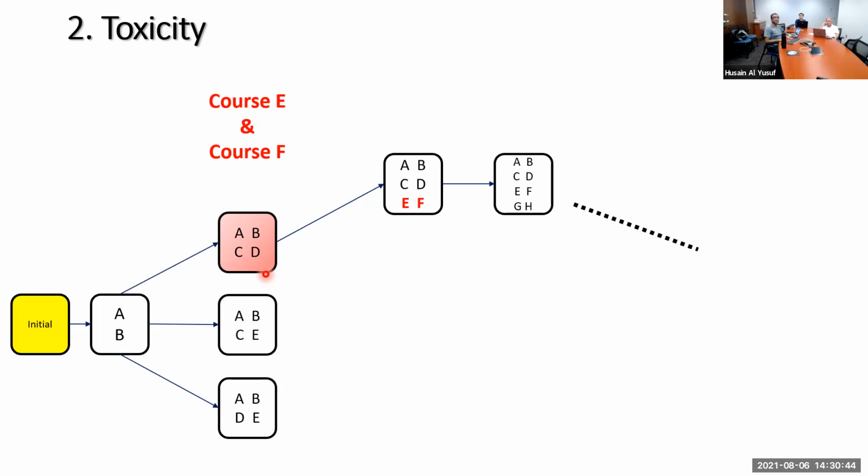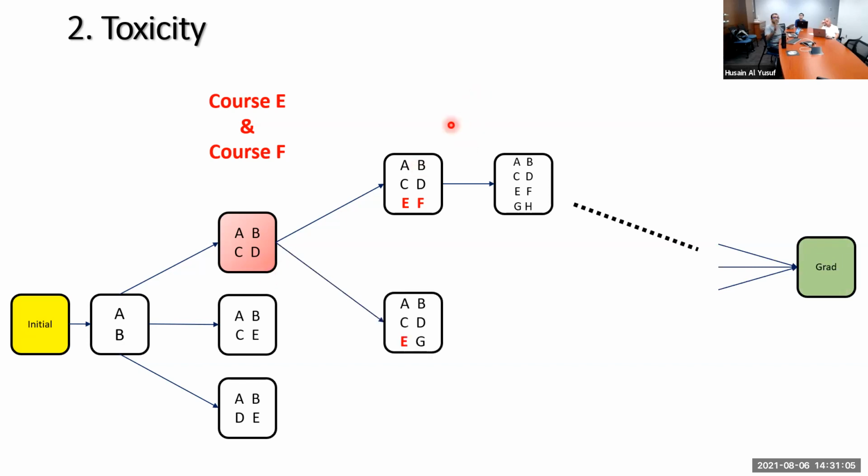Our proposal for measuring toxicity is to simulate the same Markov Decision Process model, having these classes taken together and see the graduation rate, and then take them out and make them apart.